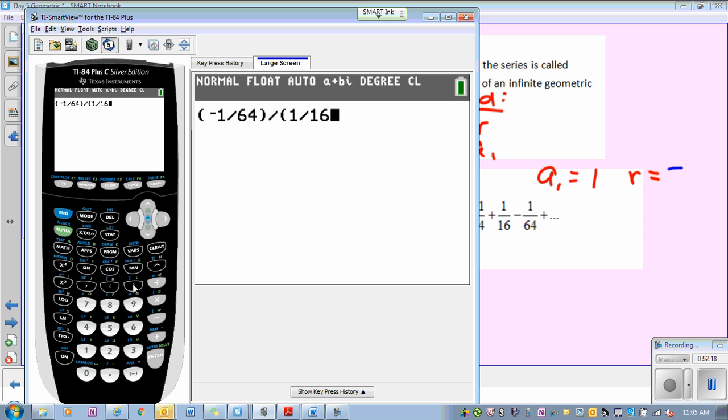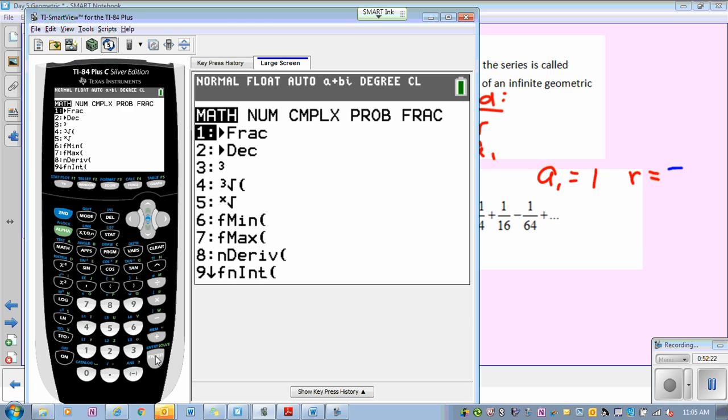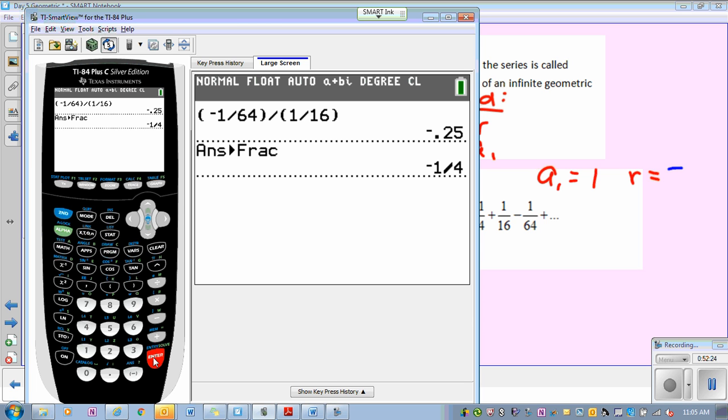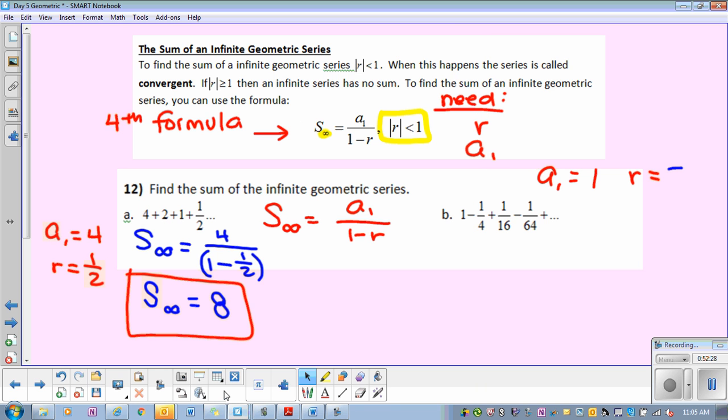Isn't that the number in front of it? Hit enter. Negative 1/4. Or you could look at this and go, well, all the numerators are the same, so what changed on the bottom? 64 divided by 16, 16 divided by 4, and that's 4. So negative 1/4.